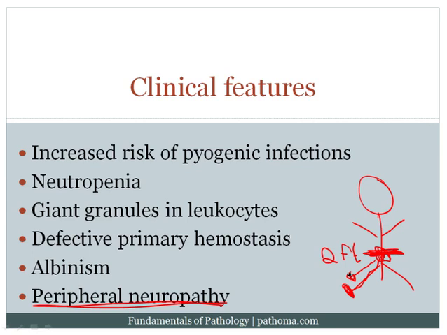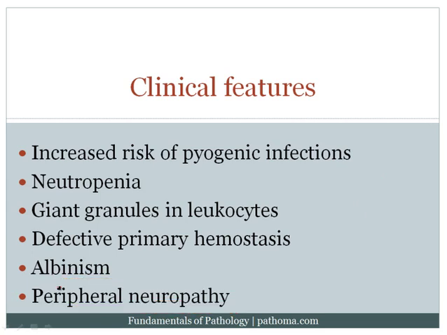And so if patients have a railroad defect or a protein trafficking defect, they can't keep these peripheral nerves alive, and so they get something called a peripheral neuropathy. I've simplified it a bit, but it's good enough for general principles and creating global ideas within your mind. So, these are the key features of a disease called Chediak-Higashi syndrome, and it's something very high yield, something that we should be familiar with.